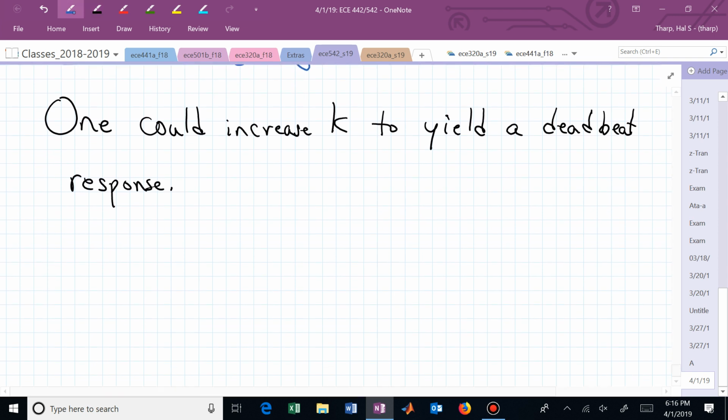Or if we do it by comparing polynomials, we know that z minus 2 plus k, that's our characteristic polynomial. We want that to be equal to, for a deadbeat response, what do we want the polynomial to look like on the right? If we explicitly show all the information, it's z minus 0.